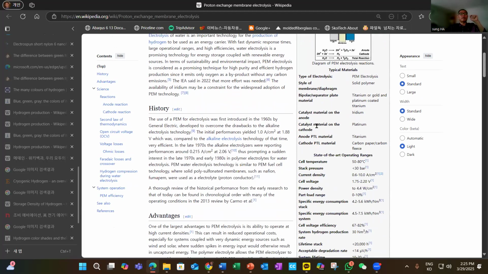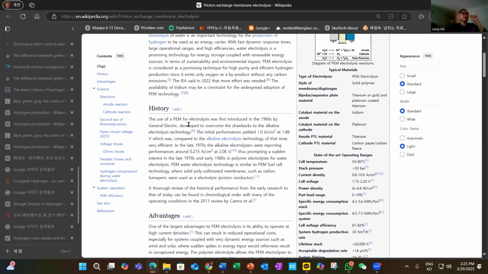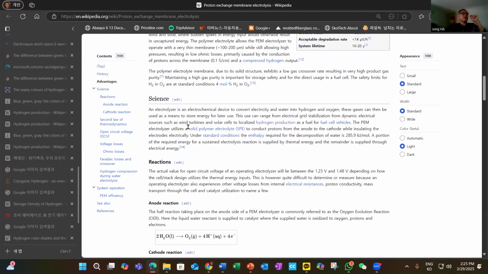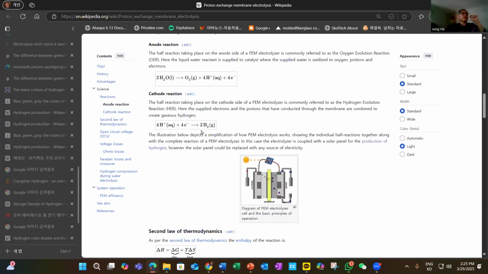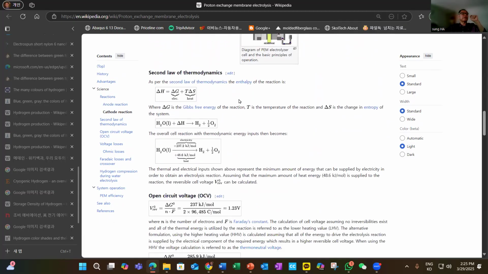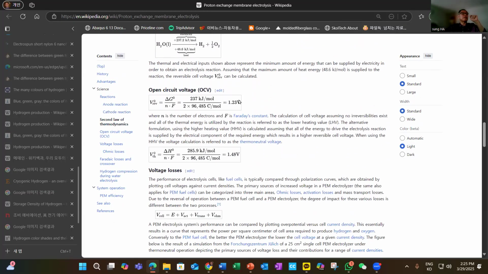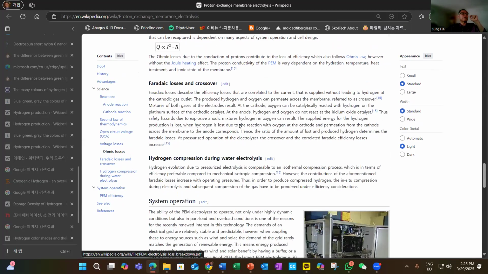There are some formula explanations and the history, advantages, and the science involved in these procedures and reactions. Again, the anode side and cathode side. This animation comes from here. So how much energy do we need?